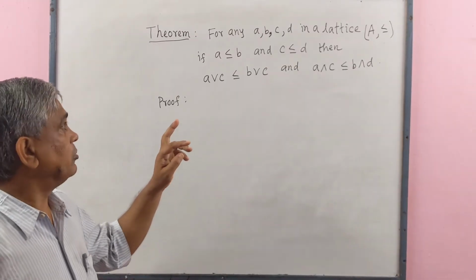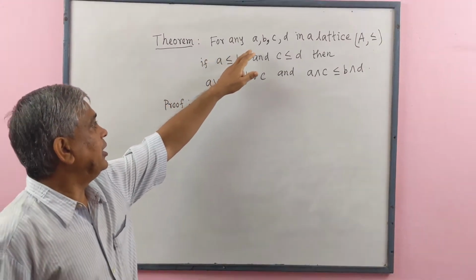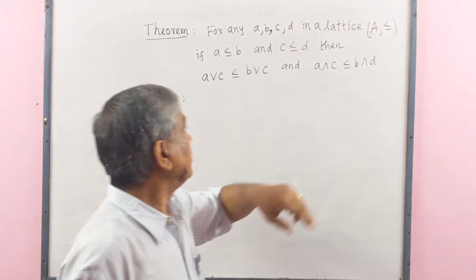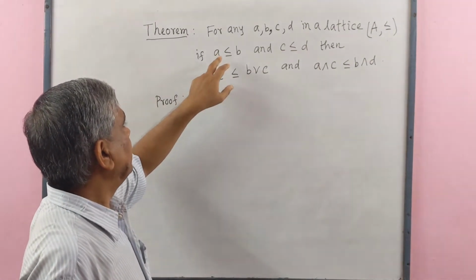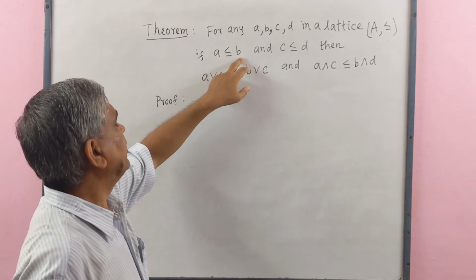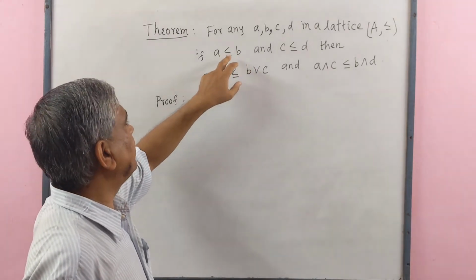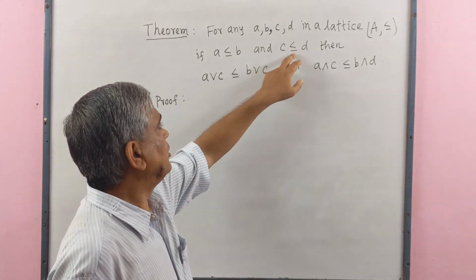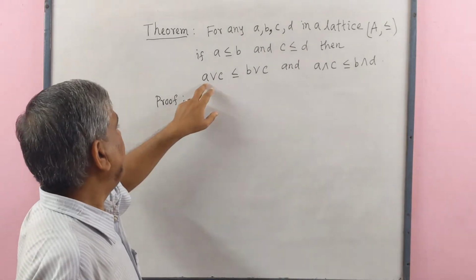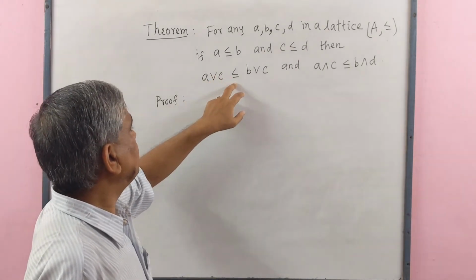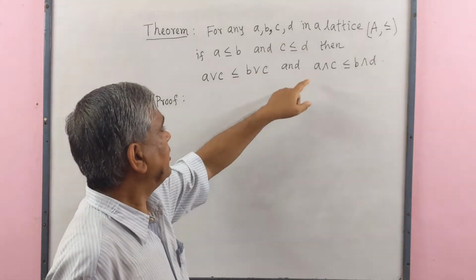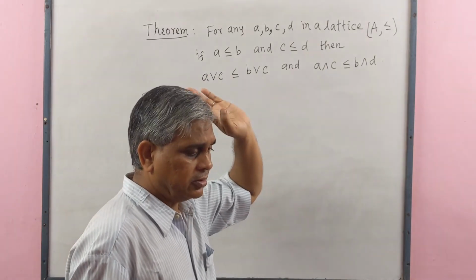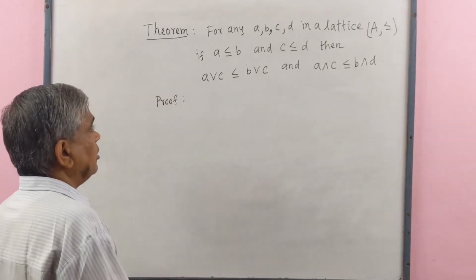Now we prove a theorem. Theorem is for any A, B, C, D in a lattice A with partial order relation, if A is related to B, here we may speak A is less than equal to B and C less than equal to D, then A joins C less than equal to B join D and A meet C less than equal to B meet D. We have to prove this.